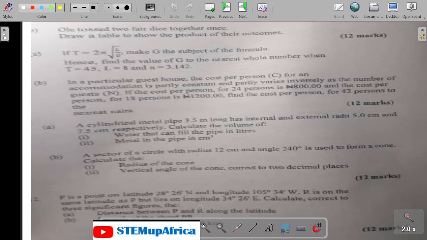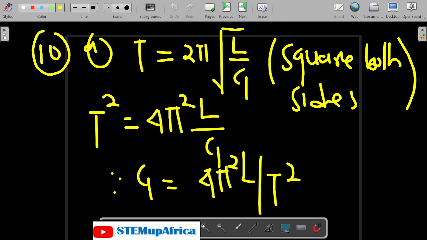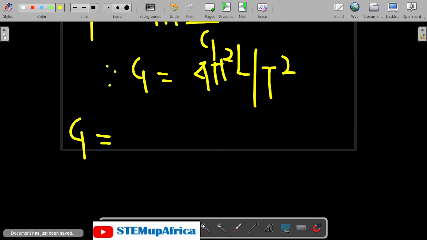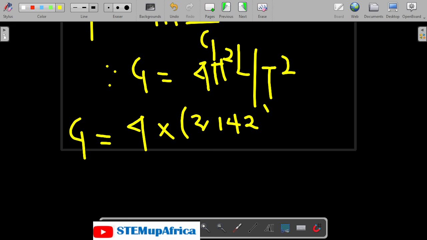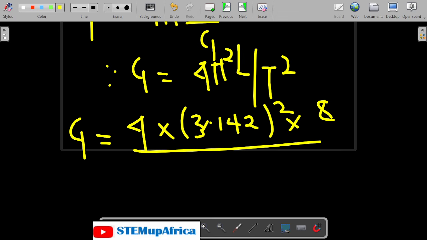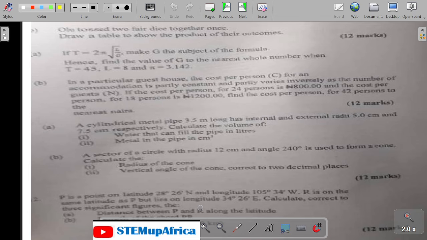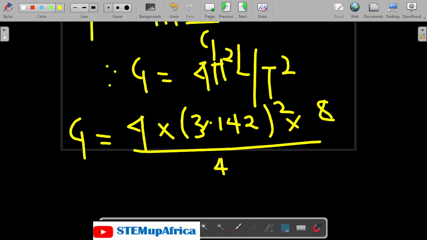Now, the question says we should find, hence find G to the nearest whole number when T is 45, L is 8, and pi is 3.142. So if we do that, G is equal to 4 times pi, which is 3.142 all squared, times L, which is 8, over T squared, our T is 45, over 45 squared.